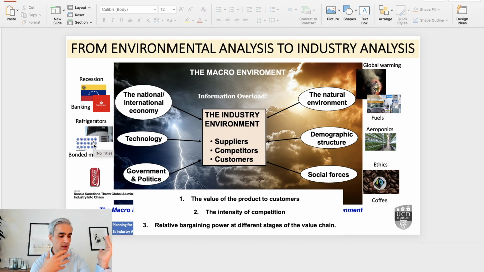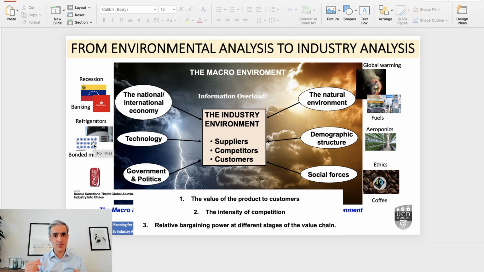We're saying the value of your product, of your technology, to the problem that your customers are going to have. What is the problem they have? How your technology, your product is going to resolve that problem. That's going to determine how much money you can make out of your solution. So that's why the first player that you need to take into account are your customers.